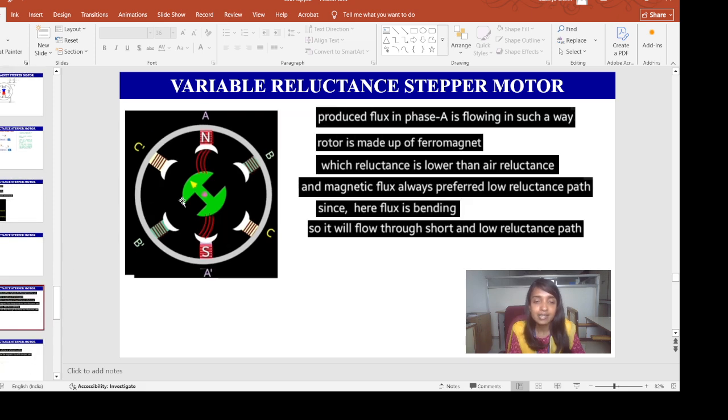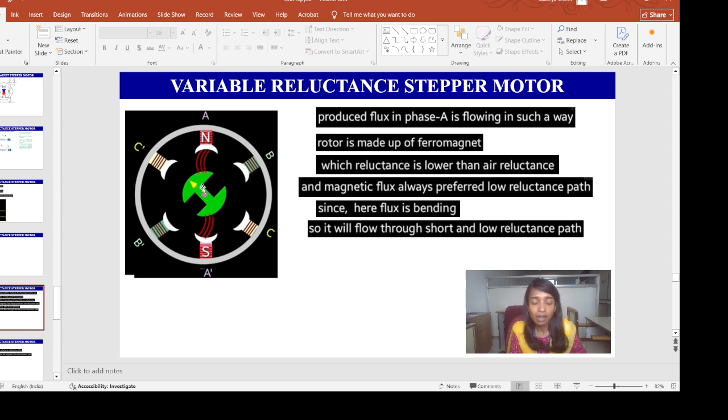Next, by turning on switch S1, I am energizing the A dash and A winding. That means the current is entering through A dash and leaving from A. So here a south pole is generated, here a north pole is generated. And the magnetic flux produced in phase A flows like this. You can see it is not straight, it is curved in nature.